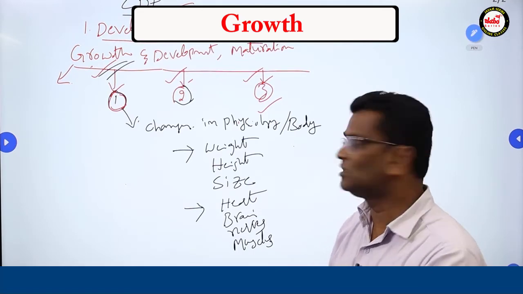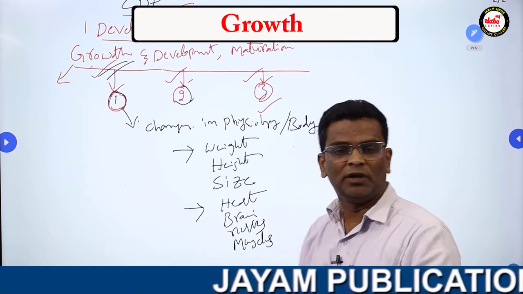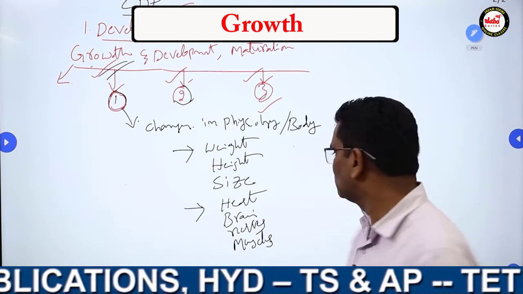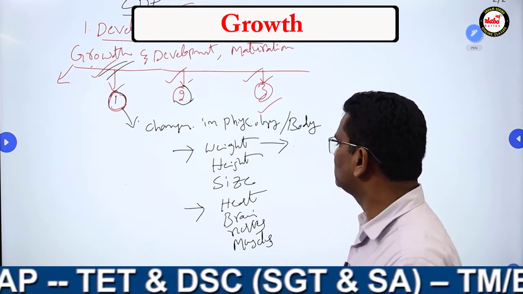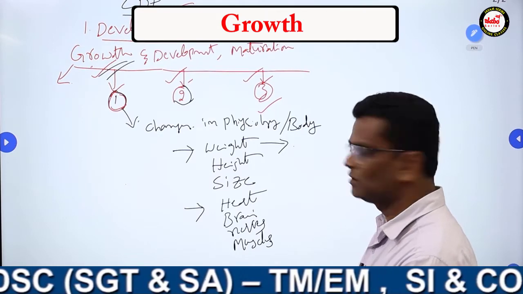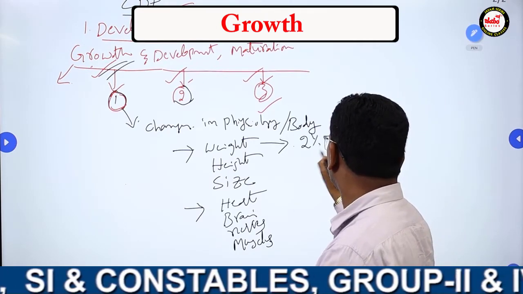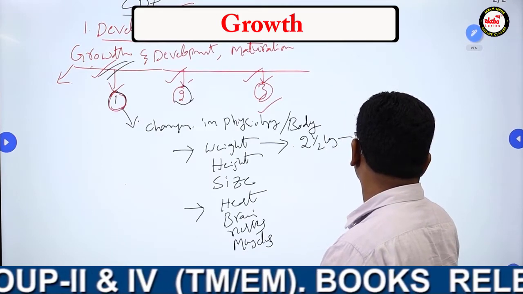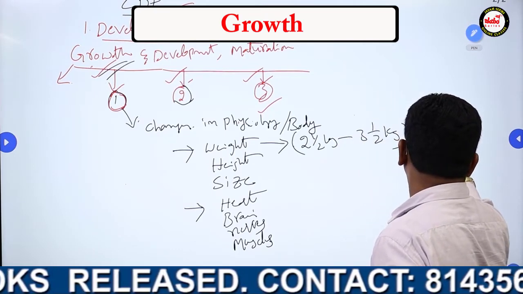Whatever body changes there are, all come in growth. For example, when the baby is born, his weight is 2.5 kg to 3.5 kg. It means the average weight is 3 kg.